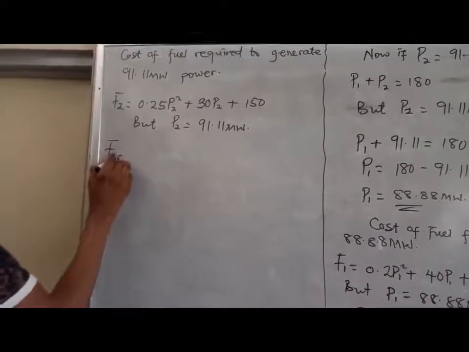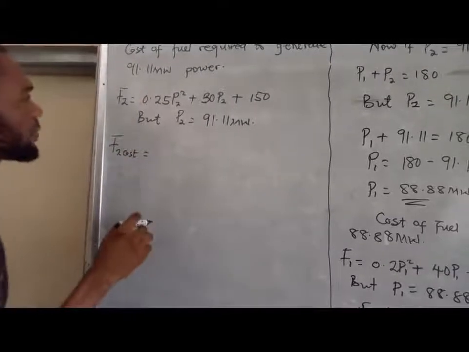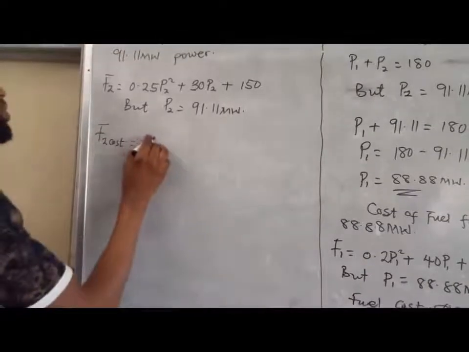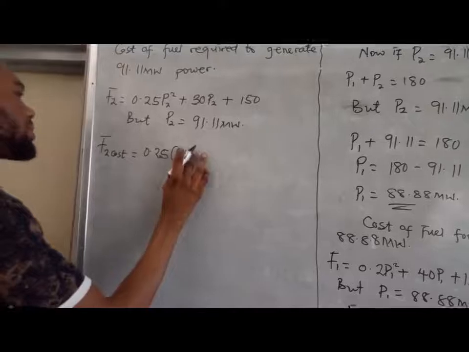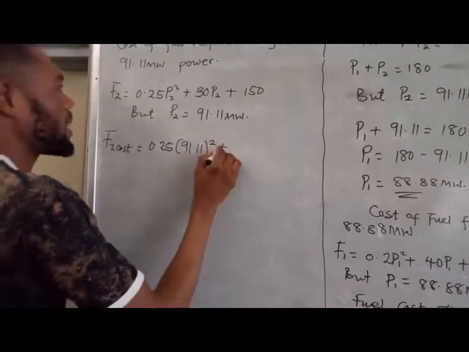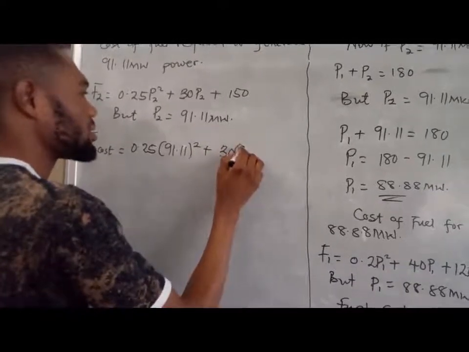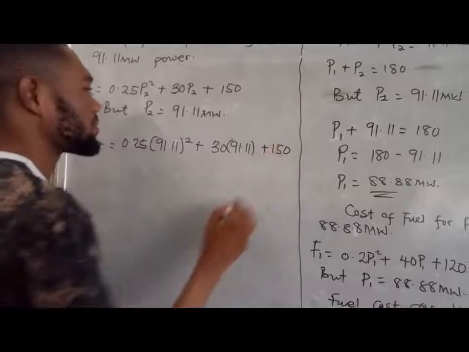So plant 2 cost of fuel to generate this power output becomes 0.25 times 91.11 squared plus 30 times 91.11 plus 150.